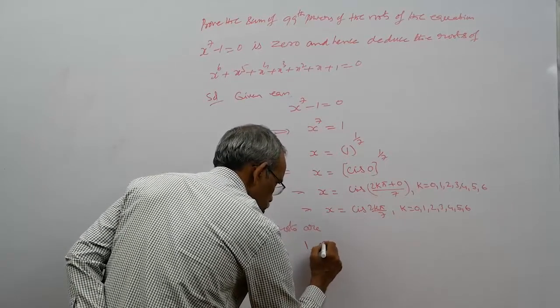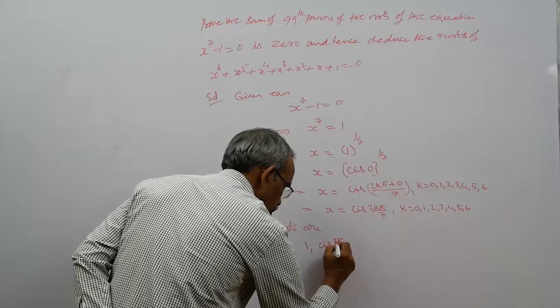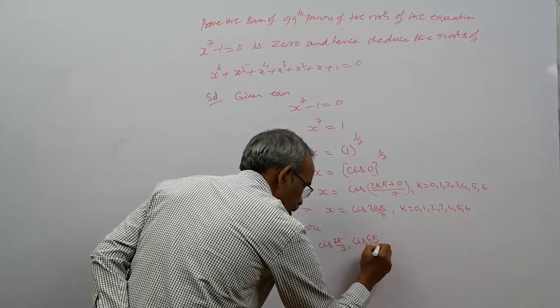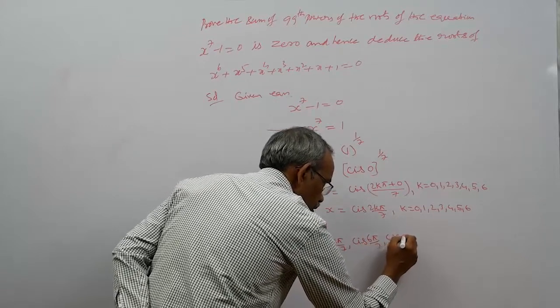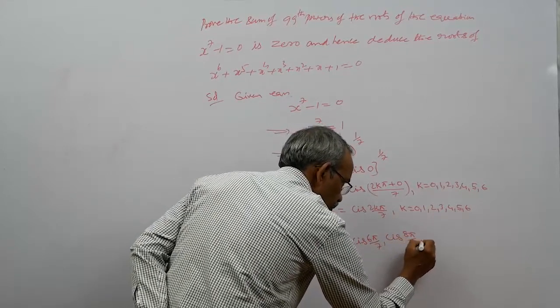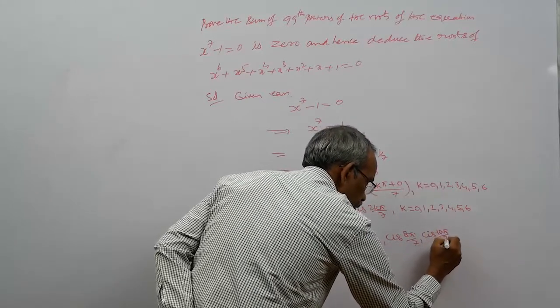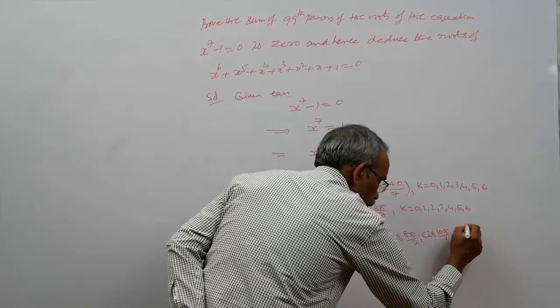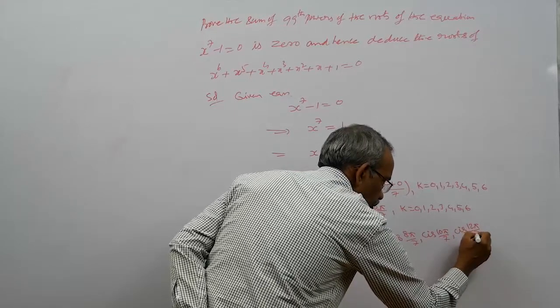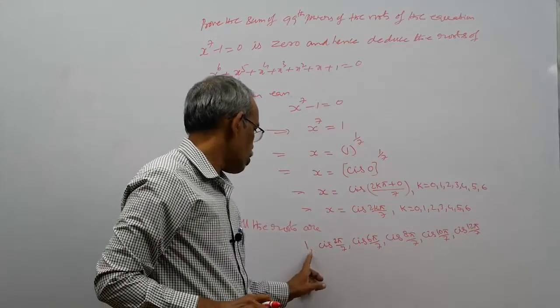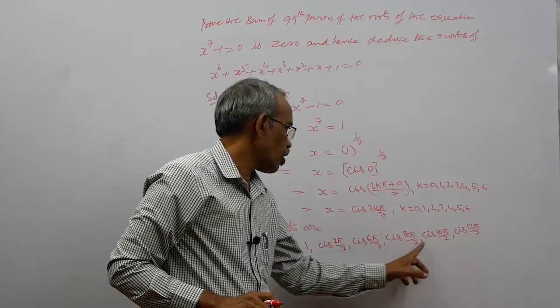Next, cis 2 pi by 7, cis 4 pi by 7, cis 6 pi by 7, cis 8 pi by 7, cis 10 pi by 7, cis 12 pi by 7. These are the 7 roots of the equation.